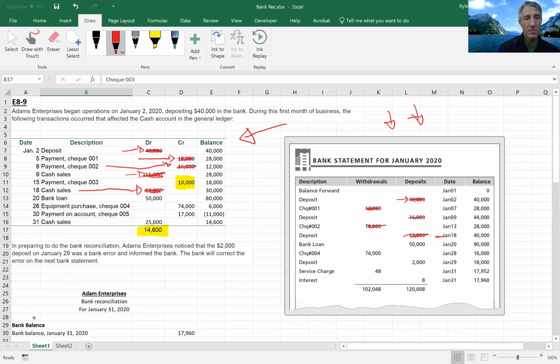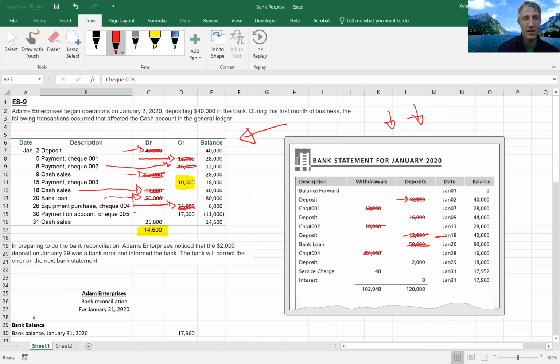Then on the 20th, a bank loan was taken out, so cash went up by 50. I can see 50 on the bank statement, so that's not going to be a reconciling item. On the 26th, cash went down by 74,000 because this business bought equipment. And then I can look in the withdrawals on the bank statement and see cash went down by 74.